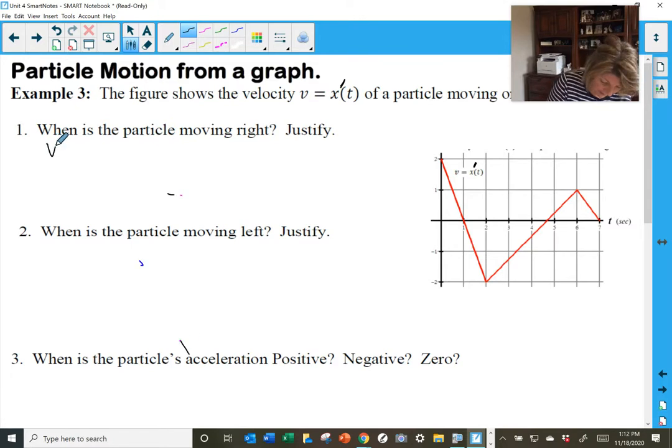Well, it moves right when v of t is greater than 0. There's all kinds of places where you can look to see when a particle is moving right. I know that it moves right when the velocity is positive. Now, what I need to do is go over to my graph and look, where is velocity positive? Well, it's positive when it sits above the x-axis, right?